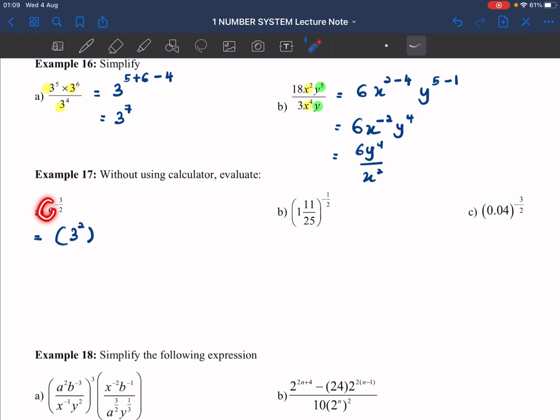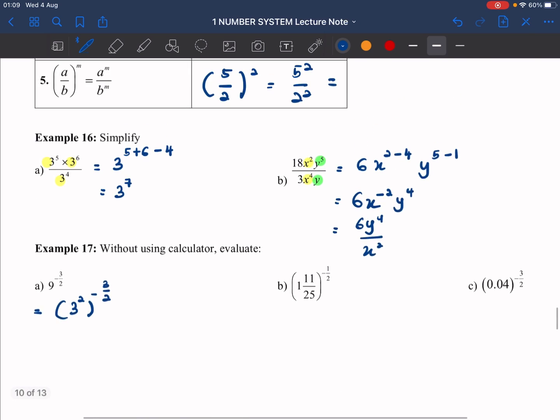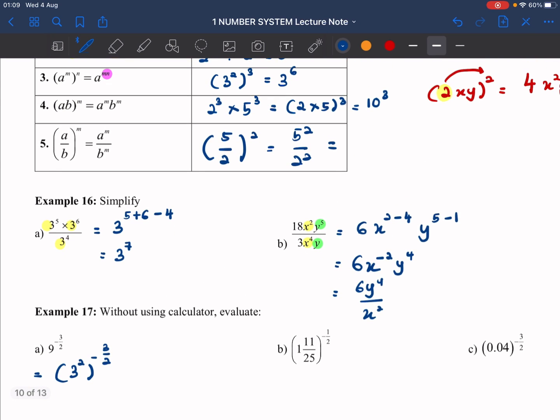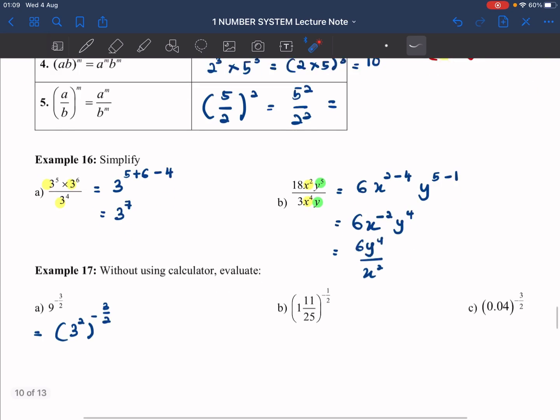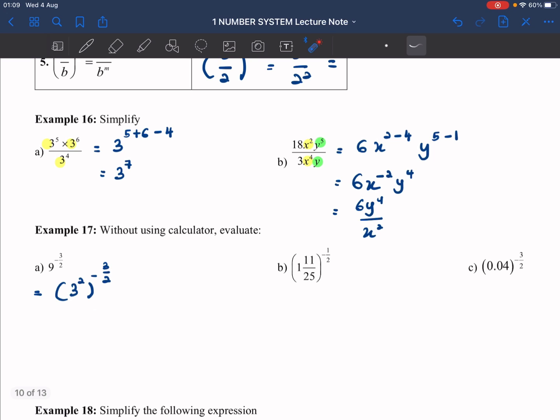Okay, kecilkan dia. So here this is the power negative 3 over 2. Okay, so by using the rules here number 3, betul lah.